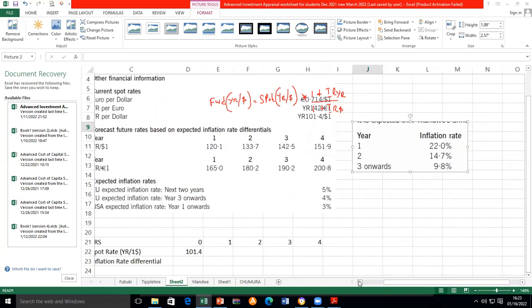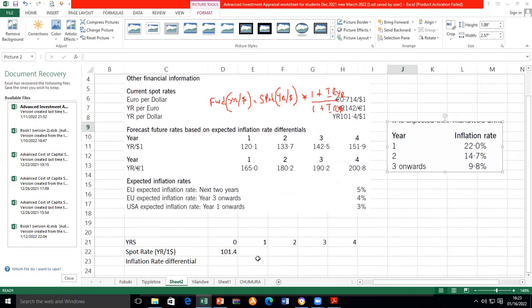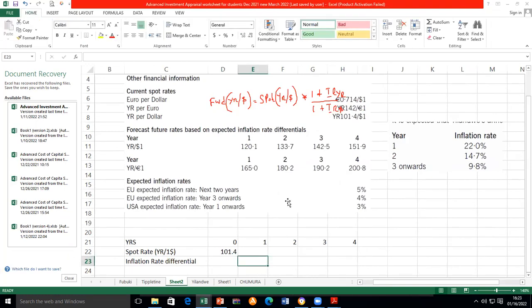Okay. So let's go to year one. Remember, what goes on top? The inflation rate on the rand. So there it's 1 plus 22%, which is 1.22, over 1 plus the dollar inflation rate. How much is it? 1.03.